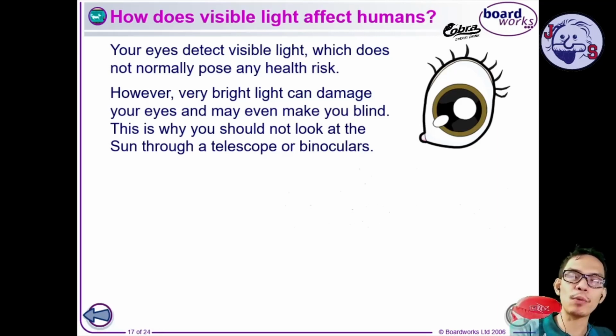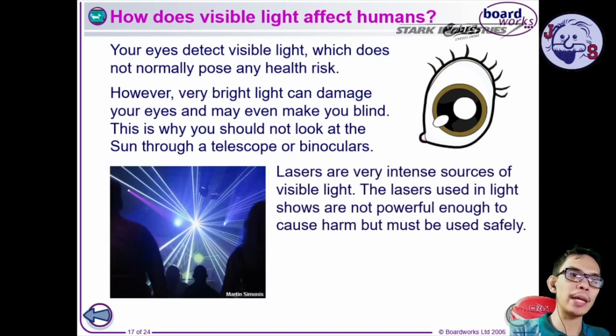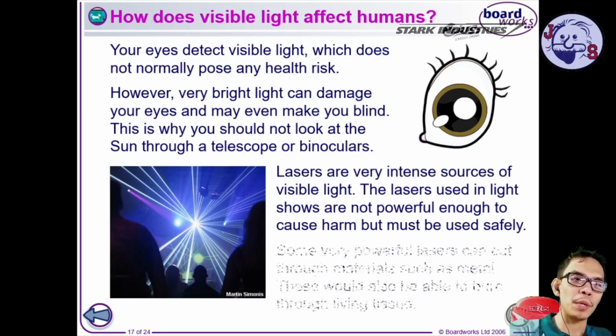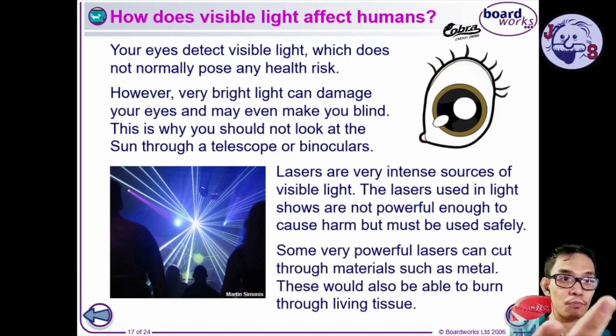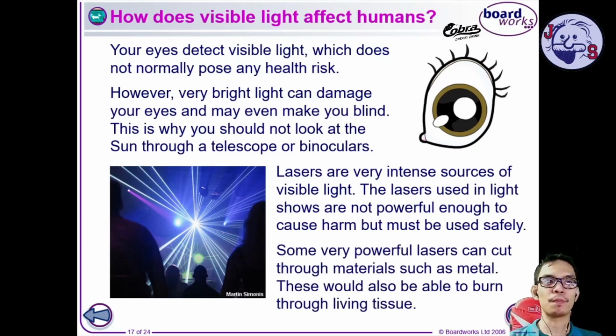Next one is lasers. Lasers can affect your eyes. They can make you blind if you are exposed to high powered lasers, because these high powered lasers can cut through metal. If they can cut metal, they can also cut and burn tissues.